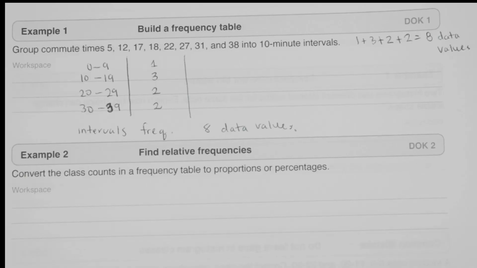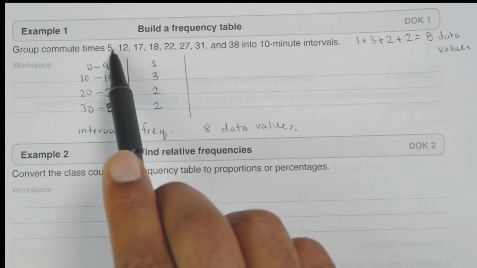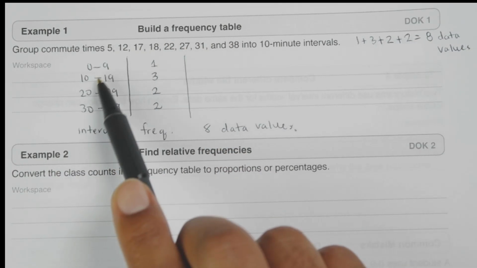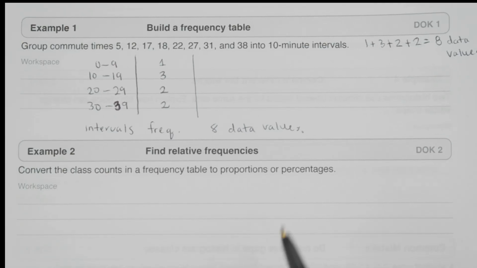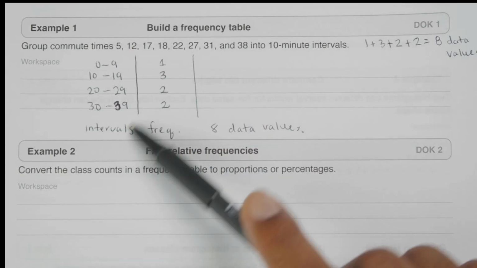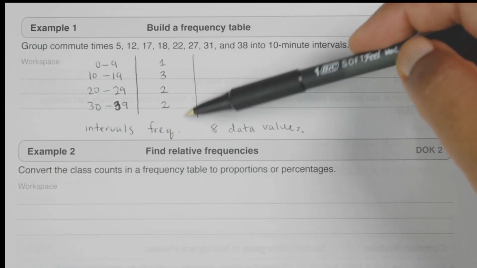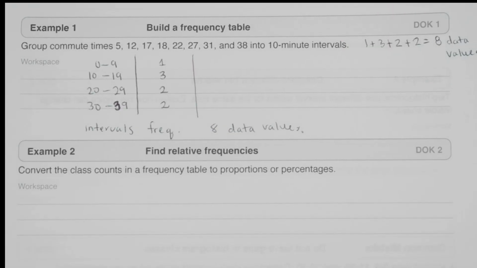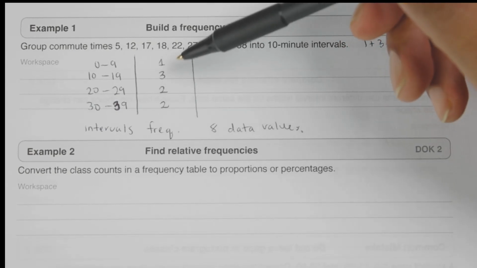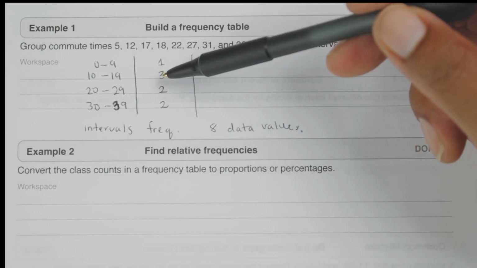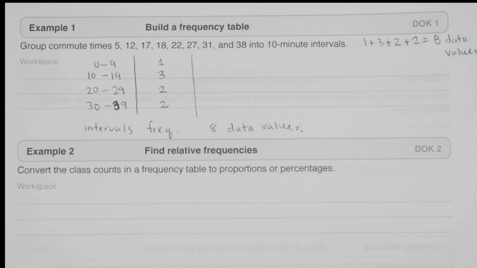We know that we have 1, 2, 3, 4, 5, 6, 7, 8, so the frequency is correct and the 10-minute intervals are correct. All we had to do was group commute times together in 10-minute intervals. I double-checked the frequency to make sure it corresponded with the number of points. Anytime you're doing a frequency table, make sure the total of the frequencies equals how many data values you have at the end.